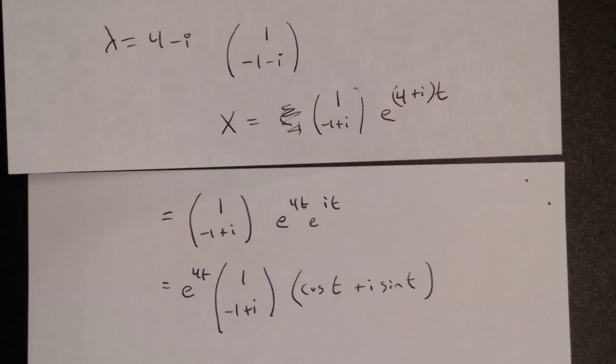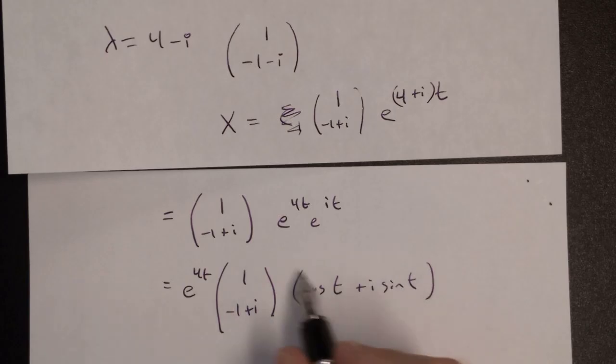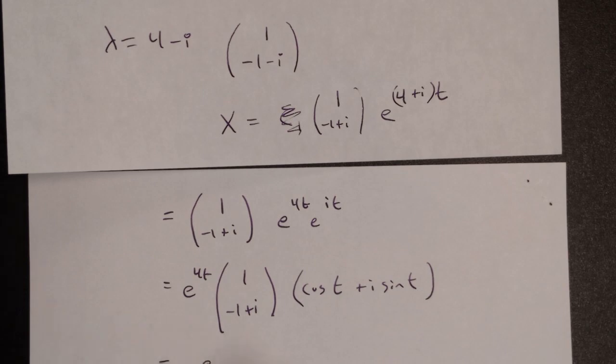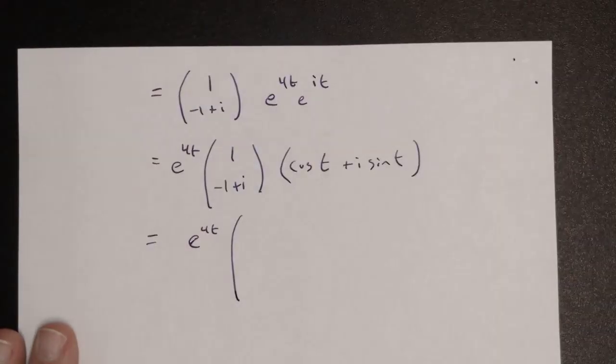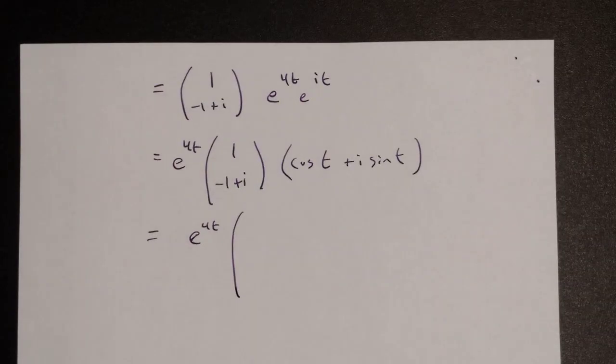I like that part. Here's where I start to mush things around. I'm going to multiply this into the top row and the bottom row. On top, I get cosine t plus i sine t. That's not particularly ugly.